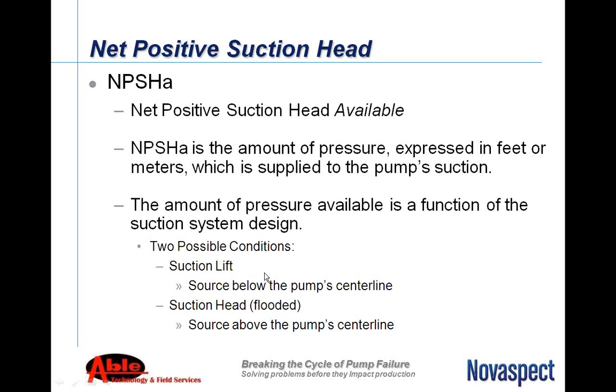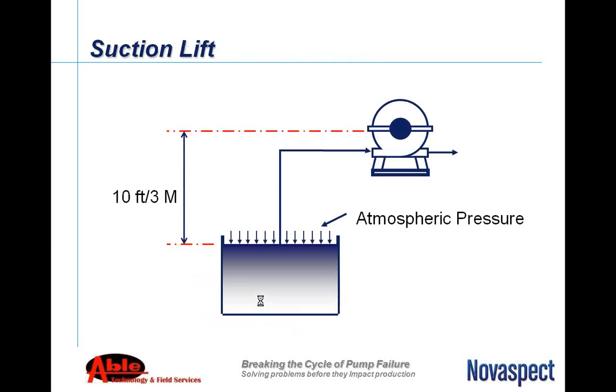You have two possible conditions. One is, am I lifting the fluid up to the pump, or is it a flooded suction? Do I have a tank above it feeding this pump with a lot of head flowing into it? This is your suction lift design. The good thing about this is you've got atmospheric pressure helping you out.